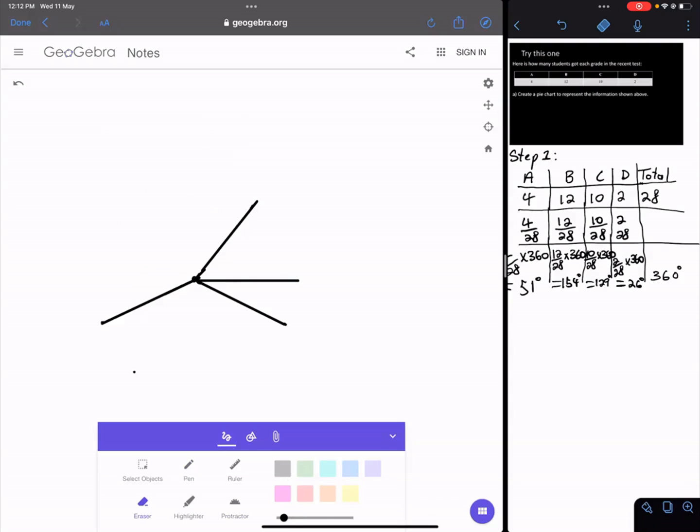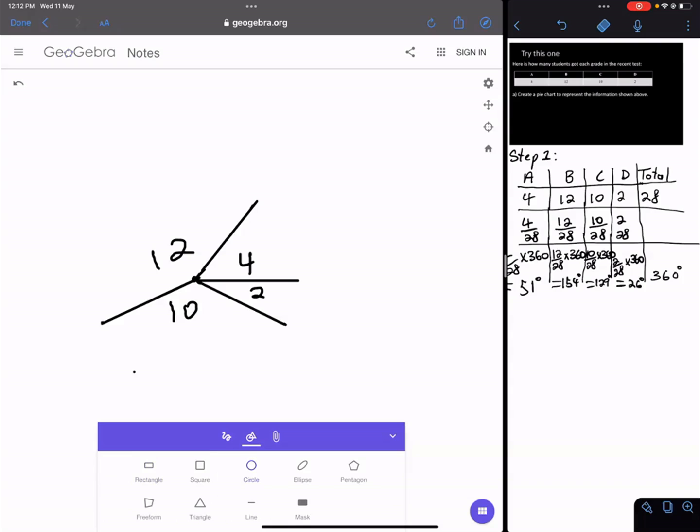So the first one that we drew was 4, the second one was 12, the third one was 10, and the last one is 2.